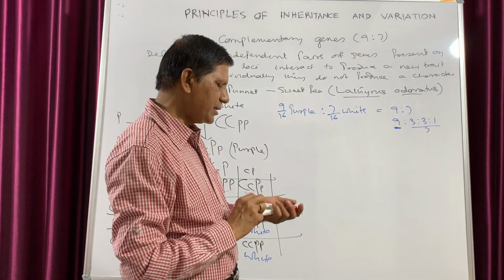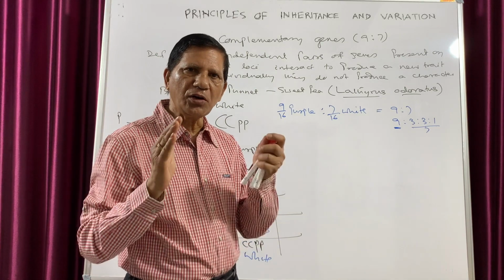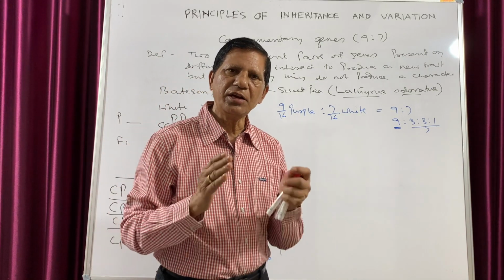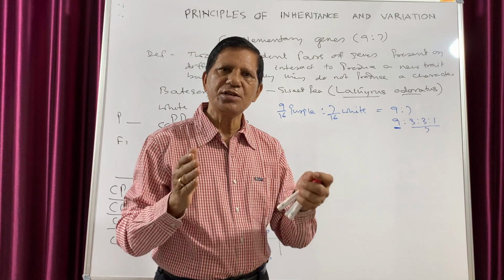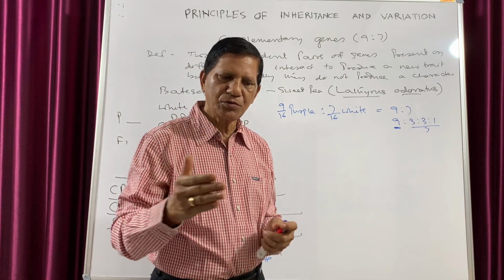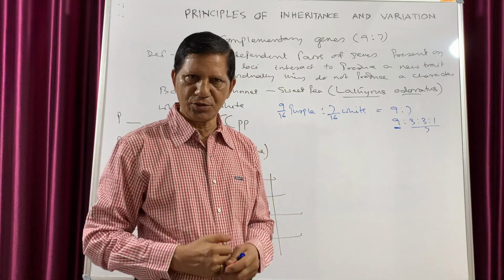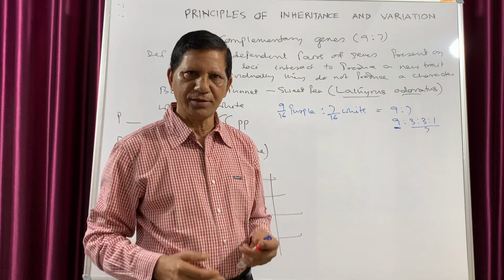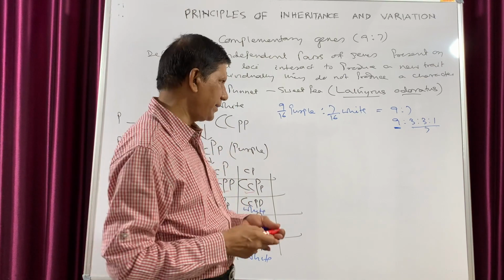Now the reason is, usually the color is produced due to the anthocyanin pigment. And the anthocyanin pigment is produced through several biochemical reactions from the raw materials. So let us explain it.